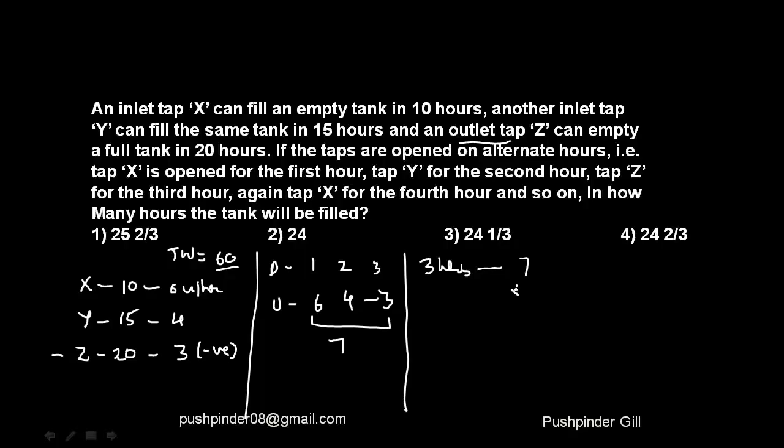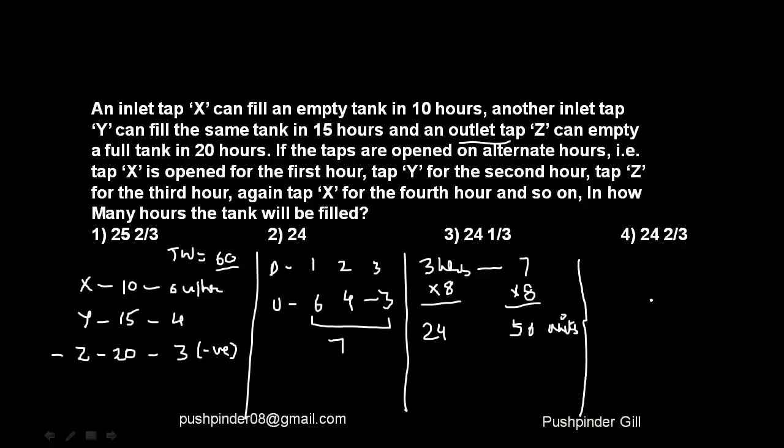Now we have to get close to 60 because we have to fill the tank. So we have to multiply by 8 over here. By multiplying by 8, I get 24 hours here and I get 56 units here. Now how many units do we need? We need 4 units.